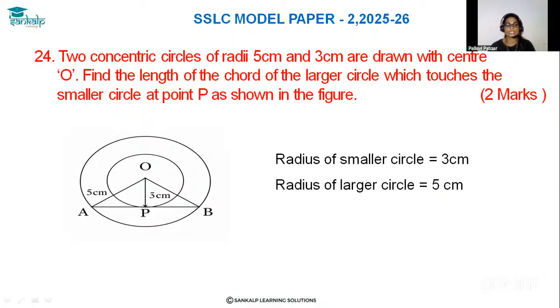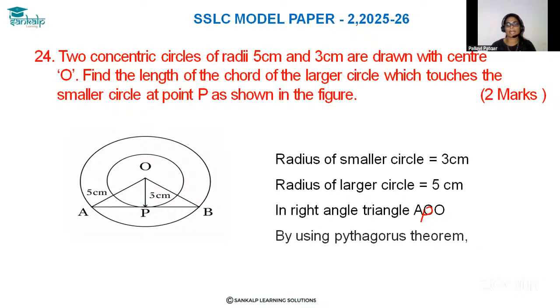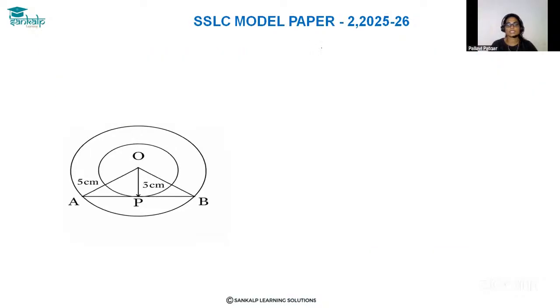So here in right angle triangle APO we use the Pythagoras theorem. So in right angle triangle OAP, AO square is equal to OP square plus AP square. So substitute the given values into this equation.